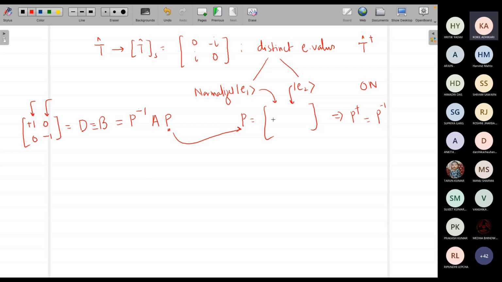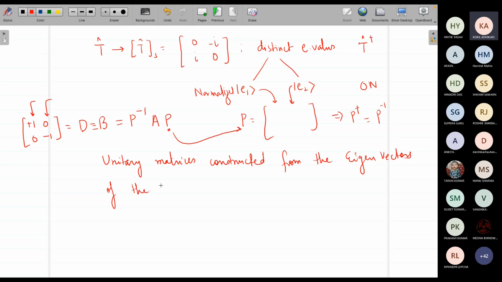So unitary matrices constructed from the eigenvectors of the self-adjoint linear operators are used to diagonalize a Hermitian matrix.